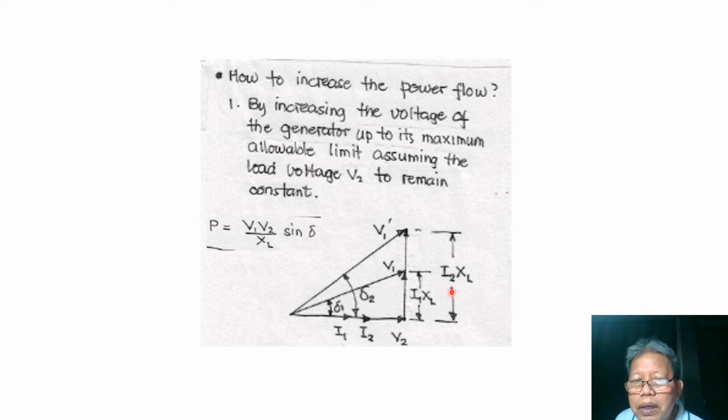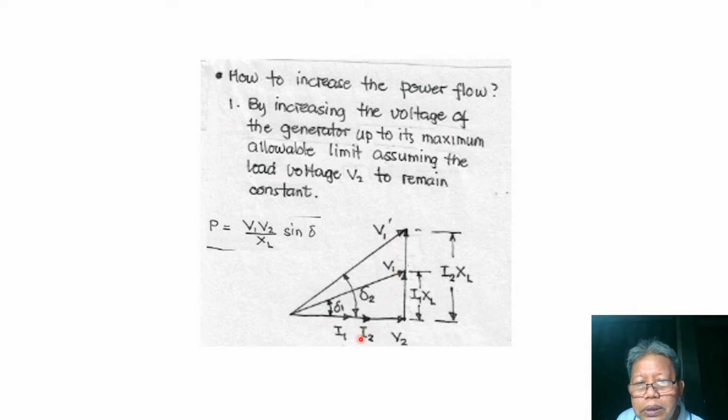With this new value of reactance drop, I2 XL, we have this line. Adding V2 and this new reactance drop will give us the new voltage at our bus 1 terminal, which we call V1 prime.